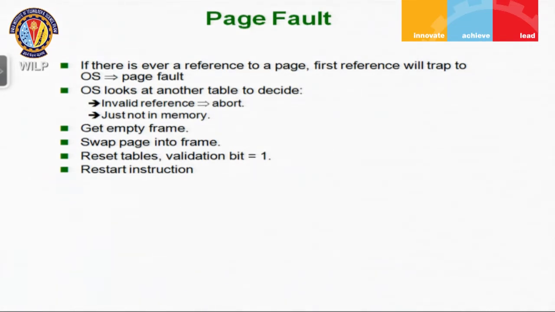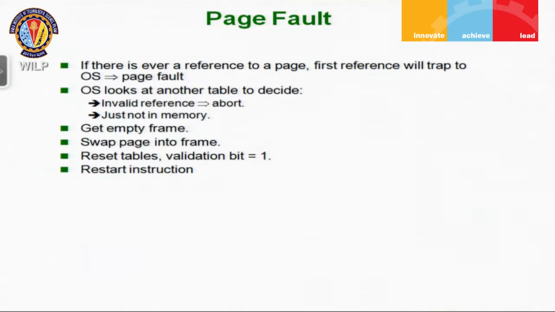So when the frame is not present in the memory, the operating system makes a request and tries to get an empty frame. After having obtained the empty frame, it swaps the page into the frame. That is, from the secondary storage it brings in the page and loads it into the frame. After loading the page into the frame, it changes the valid-invalid bit in the page table.